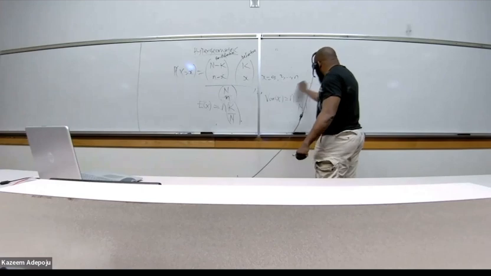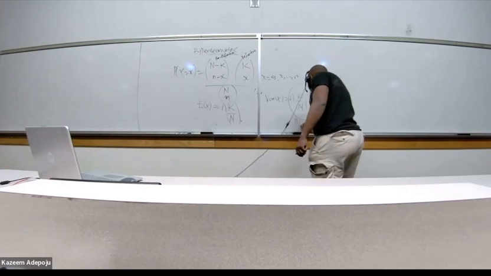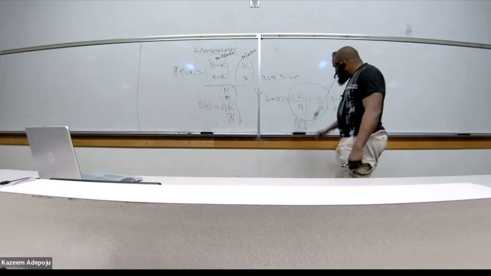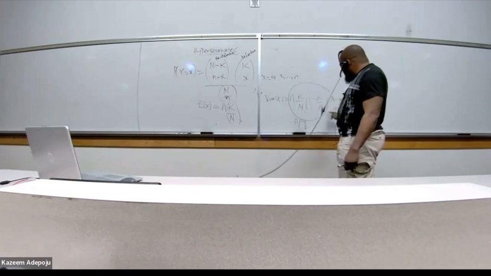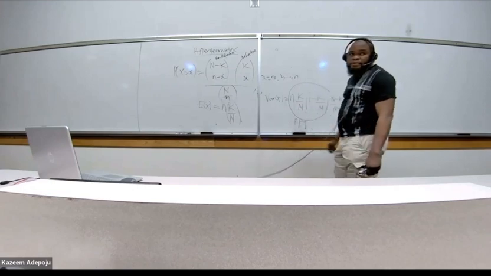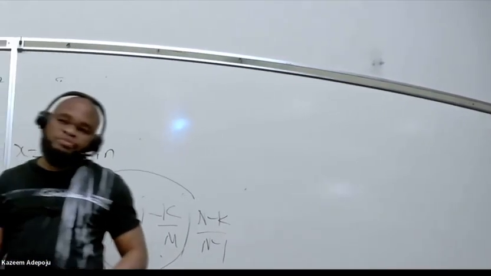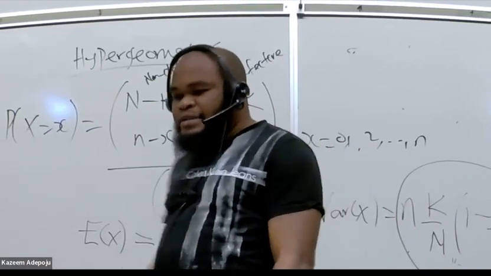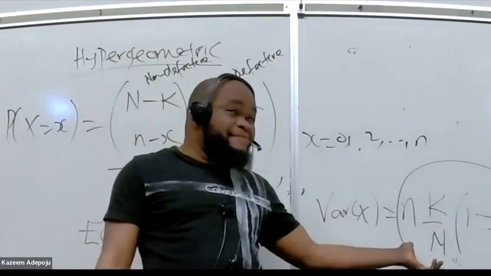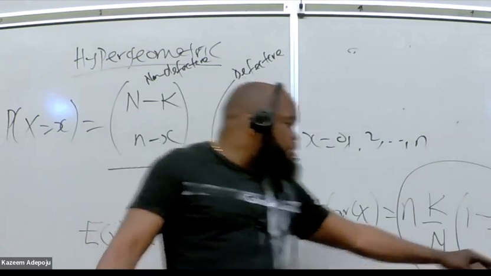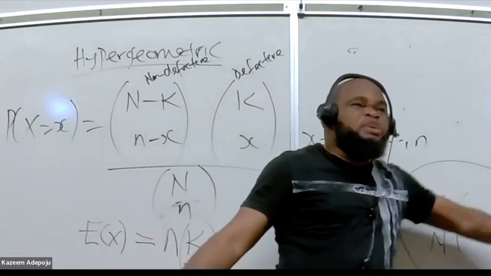When you take a look at this, it's more or less like nPQ. This is like a P, this is like a Q. This is the correction factor. The variance of the hypergeometric distribution and that of the binomial are not the same. The difference between them is this factor, but the mean is the same.